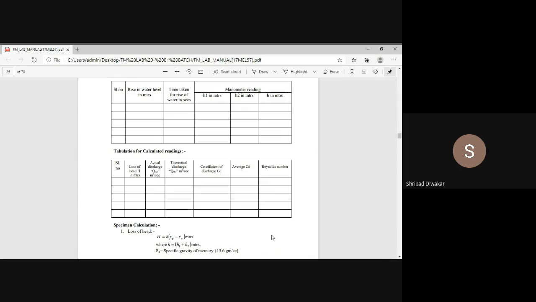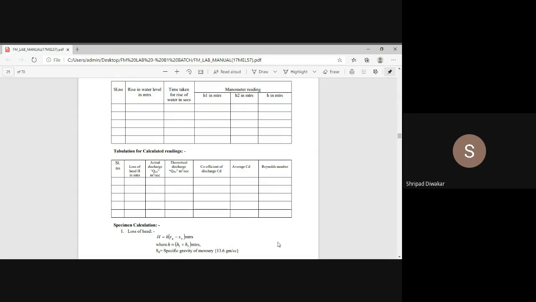If it lies between 2000 and 4000, we call it the transition phase, neither laminar nor turbulent flow. Keep these numbers in mind: less than 2000 laminar, greater than 4000 turbulent.